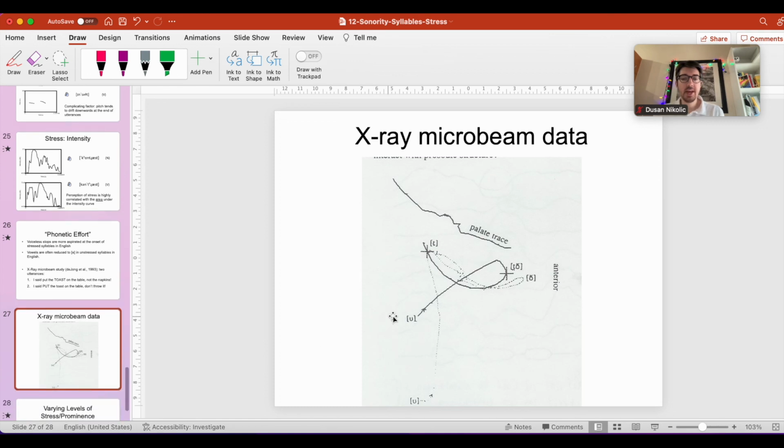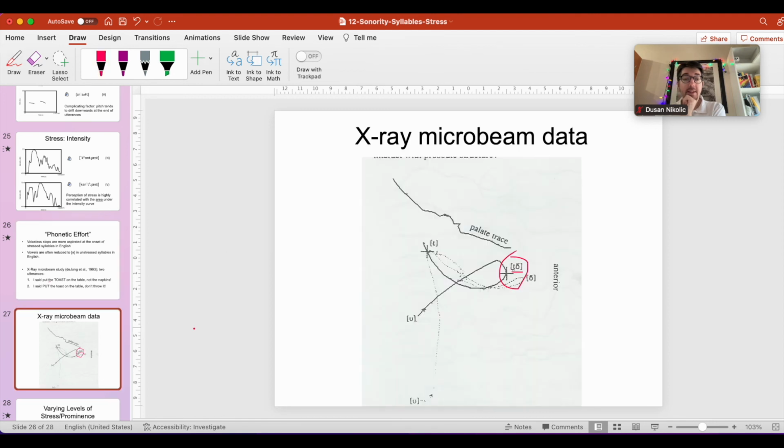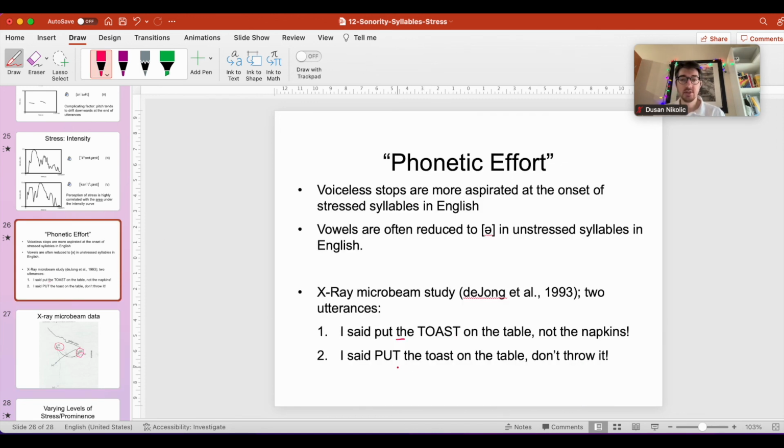What we received from that are two different patterns. When the sound was not stressed, we received the pattern merging into this dental here, right? But when it was stressed, we received a more alveolar movement, right, towards the alveolar ridge, and it did not merge into the following dental or interdental fricative, right?